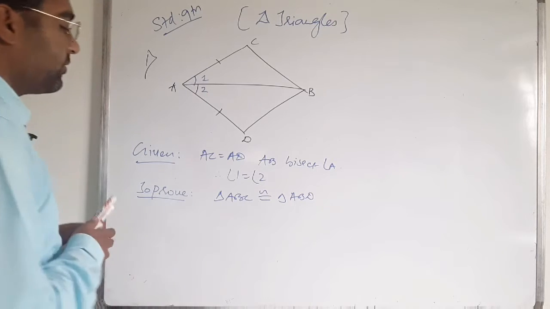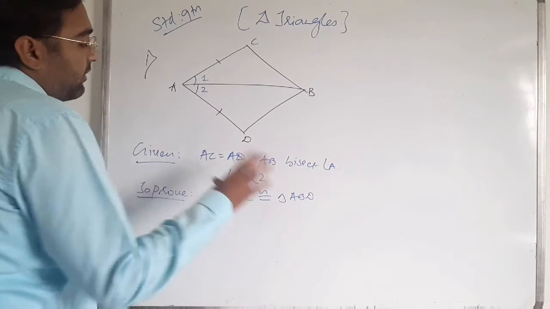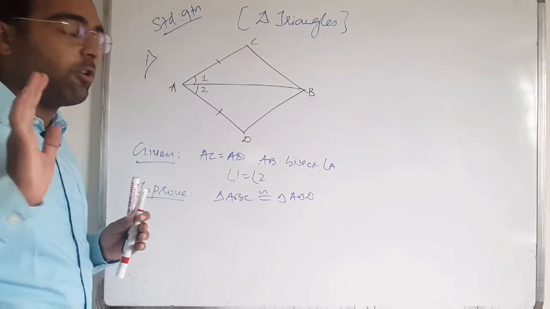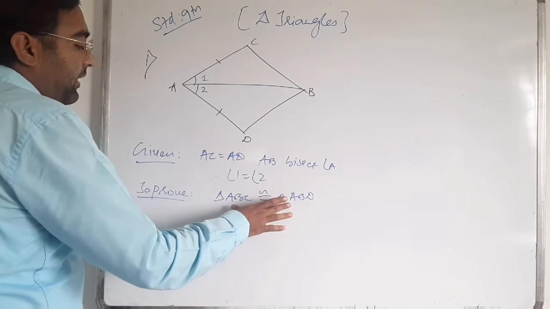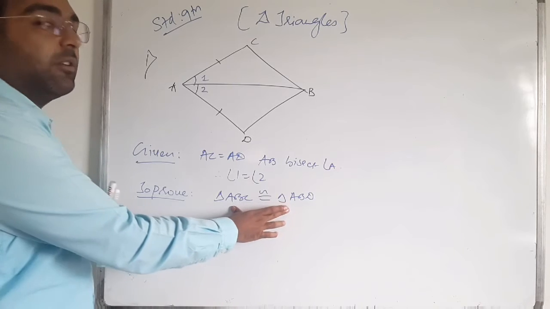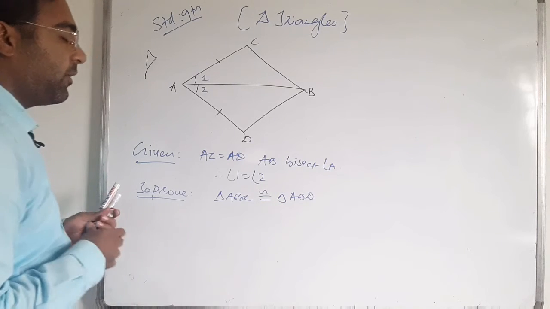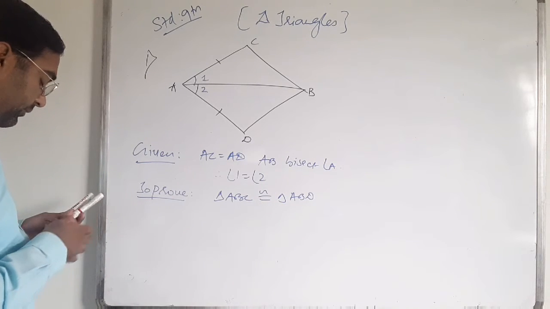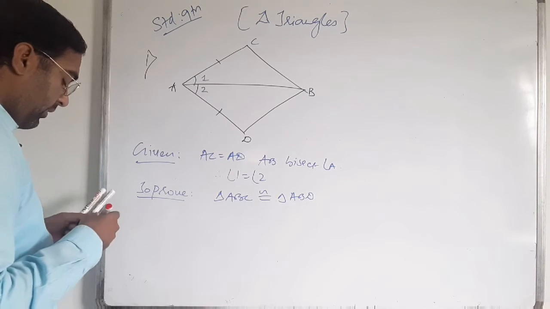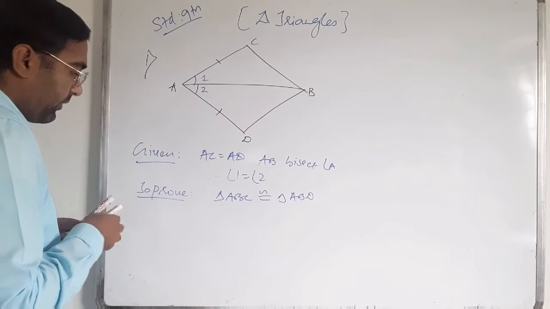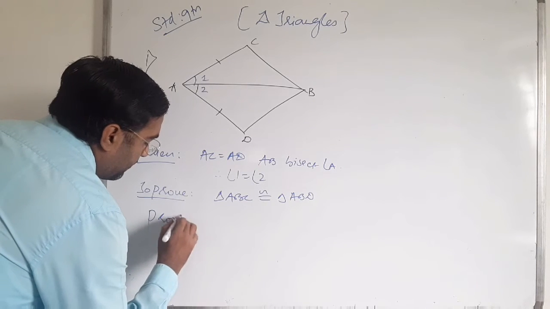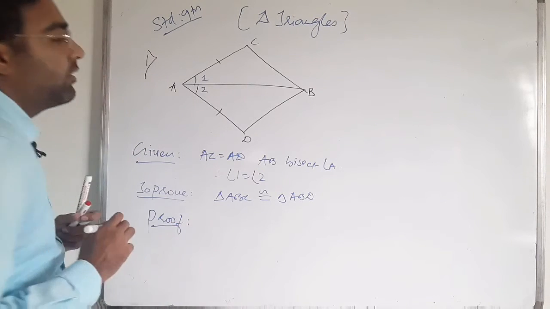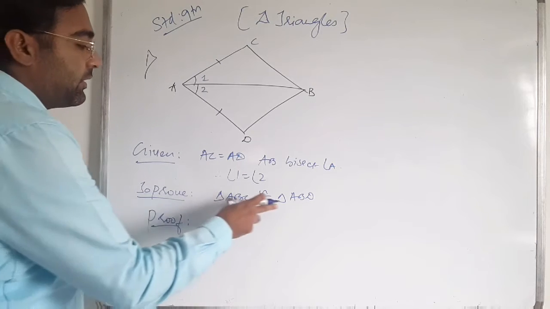So first, one thing we have in mind is that we need to prove that these two triangles are congruent. Let's start to prove. In the proof we have to use these two triangles.